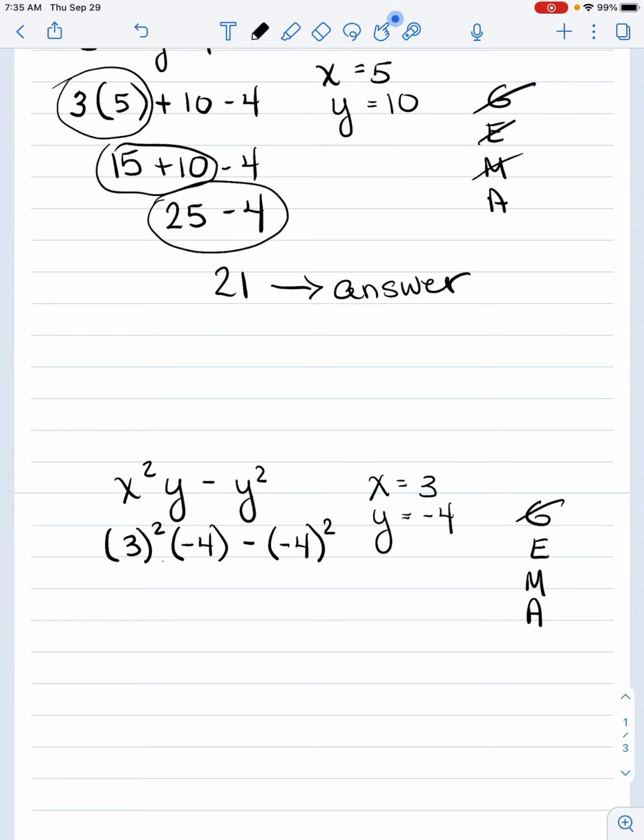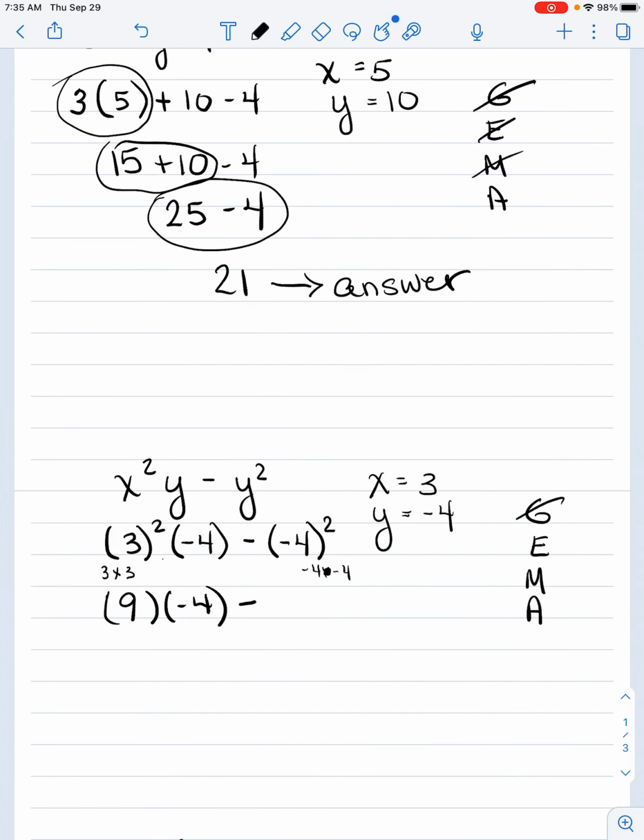So 3 squared is 3 times 3, which is 9, times negative 4, minus, now what is negative 4 squared? It's negative 4 times negative 4, and a negative times a negative, let's use a multiplication dial, negative 4 times negative 4 is a positive 16. Okay, so I'm subtracting 16.